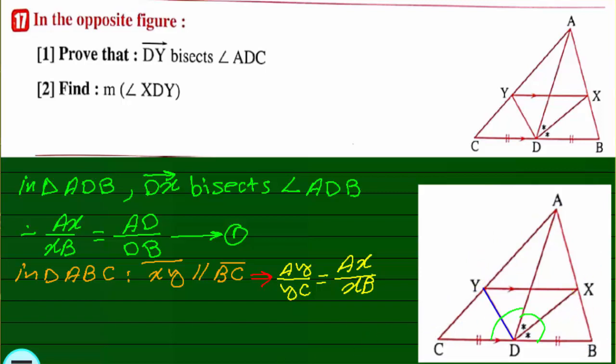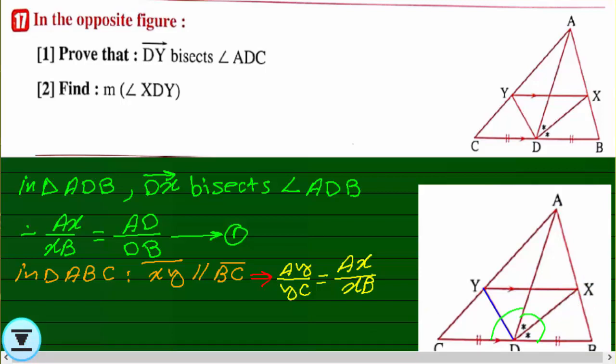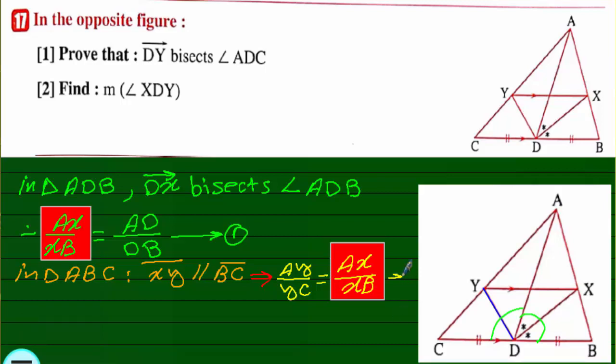Now we have AX over XB here equals also here we have AX over XB. We call this 2.